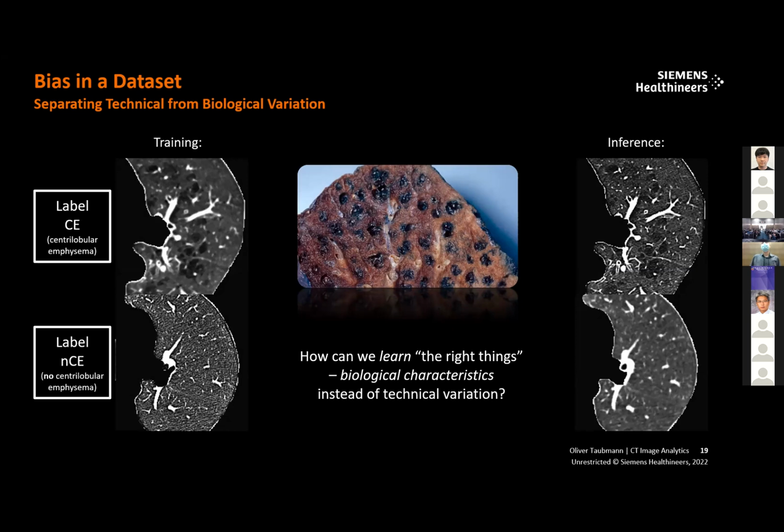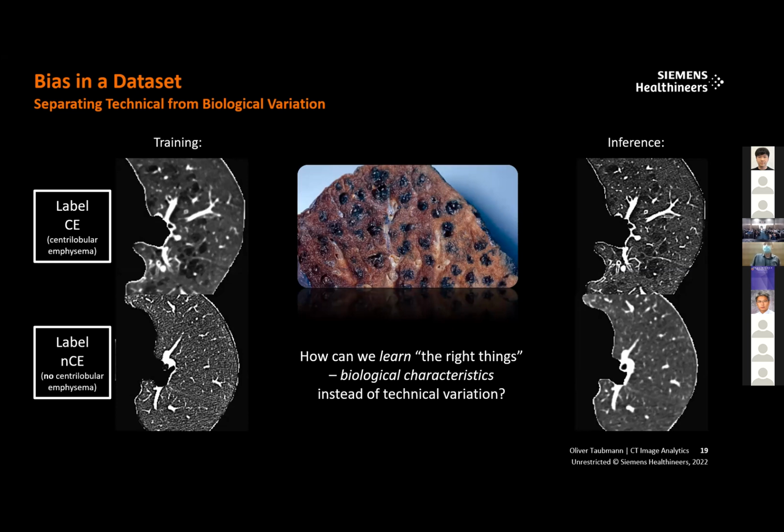What we would typically observe is that we would have some association between the technical characteristics, such as commonly recon kernel or the dose level, with the label. For instance, due to a preliminary diagnosis or even just a suspicion that would inform how that patient is scanned.